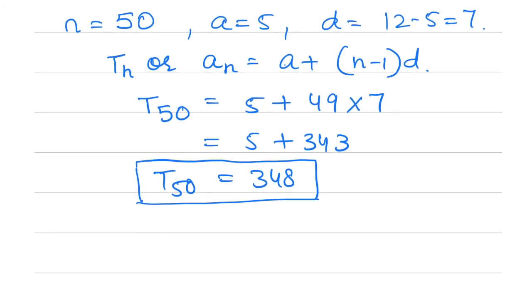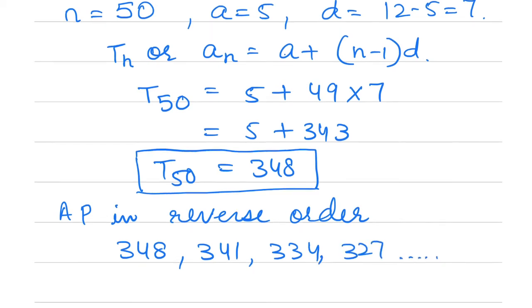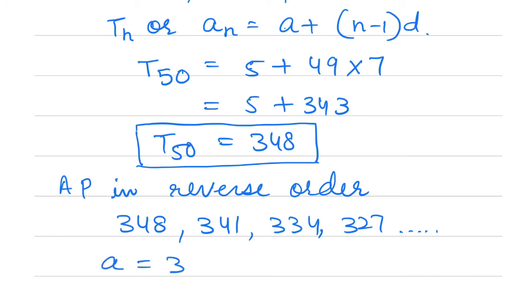So now I can write down the AP in reverse order. So this would be 348, minus 7, 341, minus 7, 334, and then 327, and so on. So here my a is 348 and d is equal to minus 7.